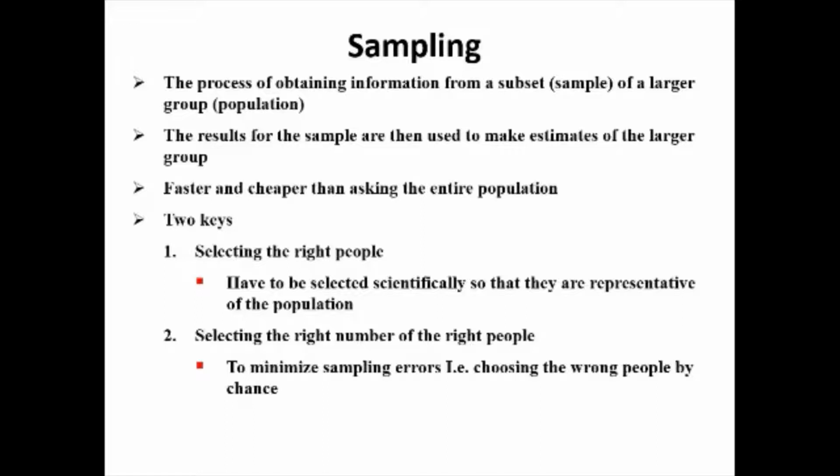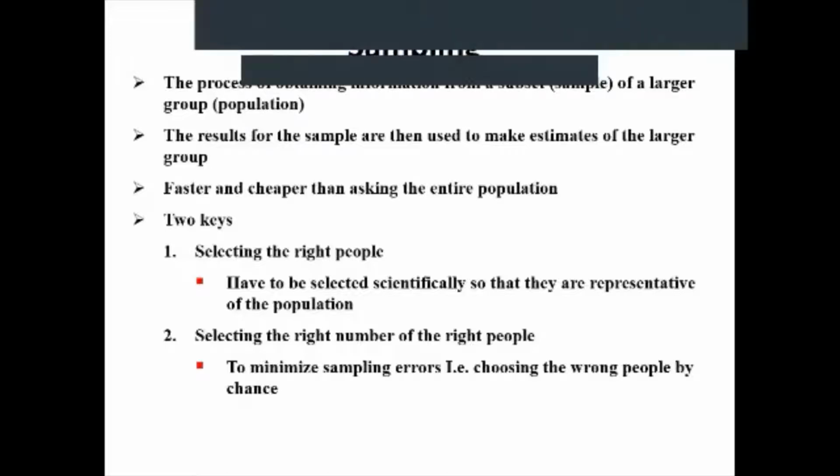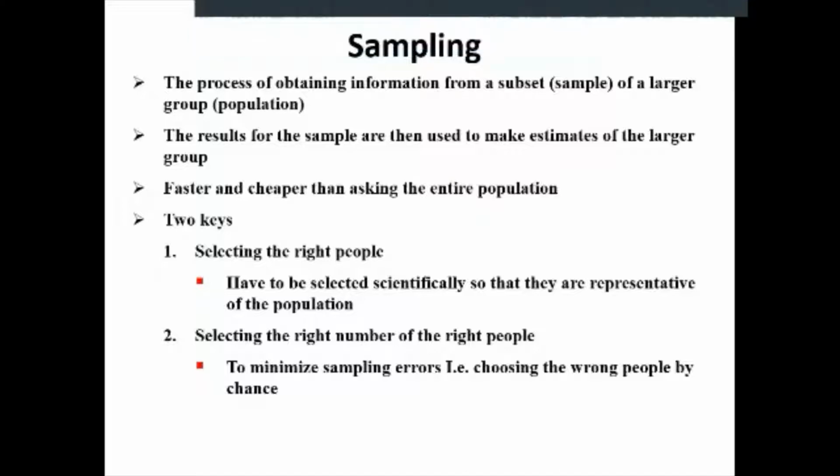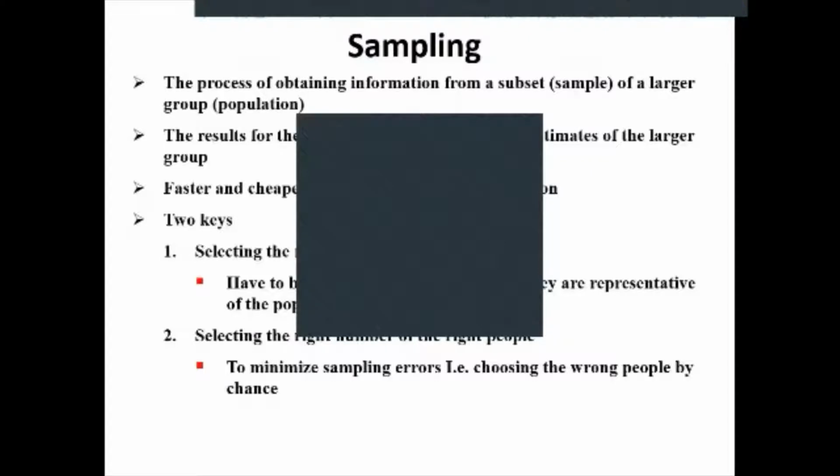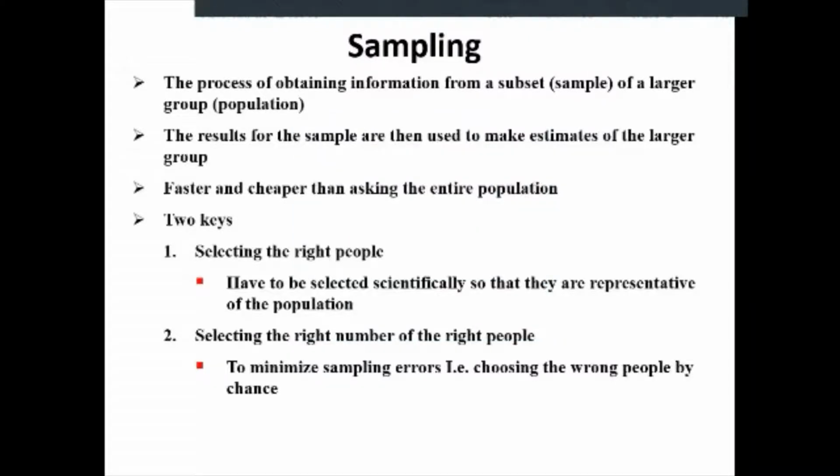It is not right to say that these findings only represent 1000 people. Generalization means, of course, you are collecting the opinions only from 100 or 1000, but you are generalizing it for the whole population. That is the main purpose of sampling. We collect a small proportion of the population, but our result represents the whole population.